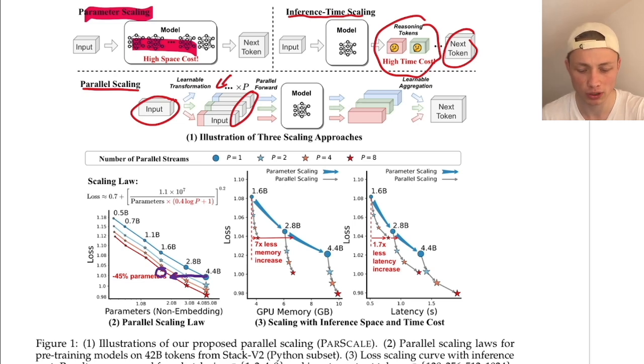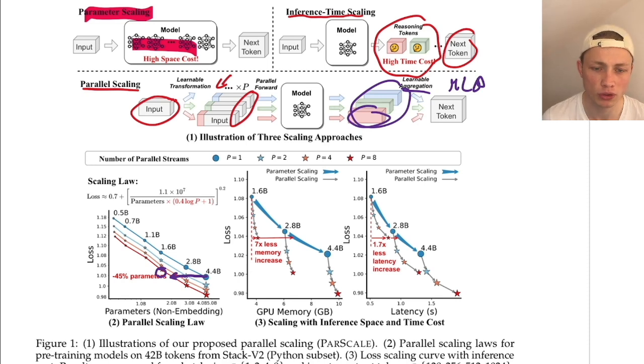Then we put those inputs through the model, and we get p outputs, and at the end we aggregate those p outputs with a learnable aggregation. Specifically, they are using an MLP. They concatenate all those outputs, put this into an MLP, and use a softmax in order to predict the weights for how we combine them.